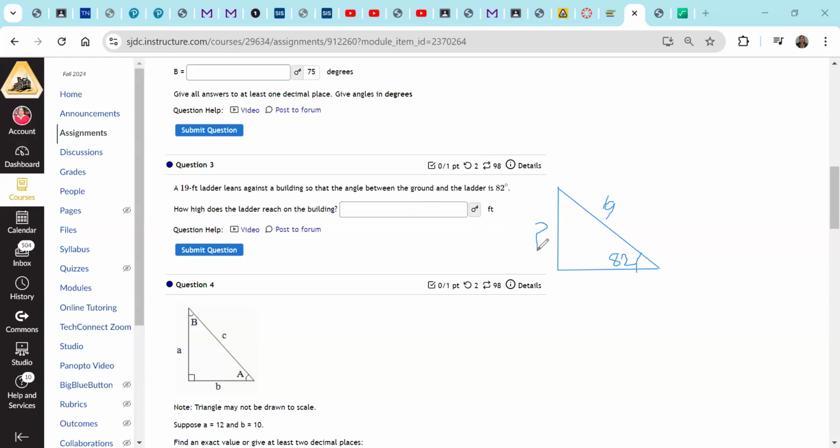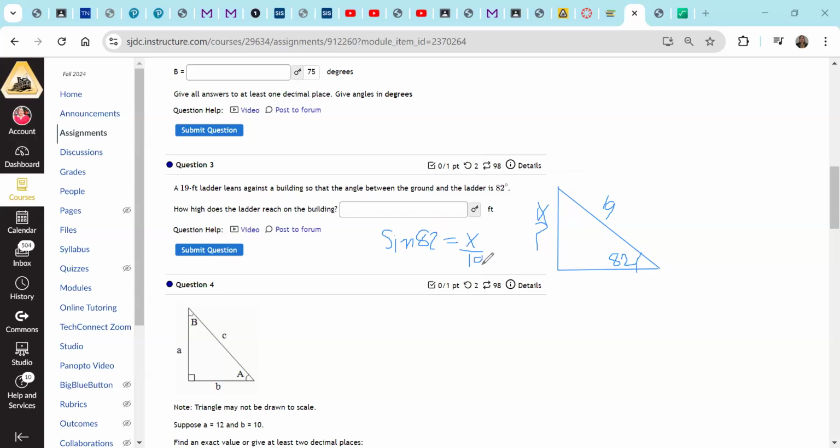So SOHCAHTOA rules can be applied here. If you remember, sine of theta is opposite over hypotenuse. Theta is given here, 82 degrees. So we'll say sine 82 equal to opposite, which is unknown. Let's mark that X, over hypotenuse 19.